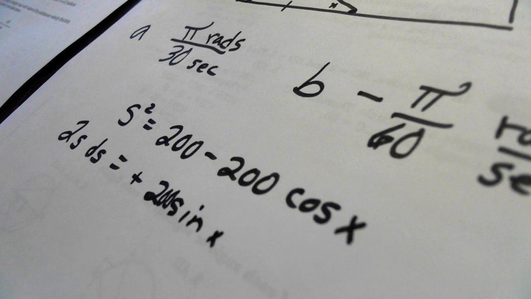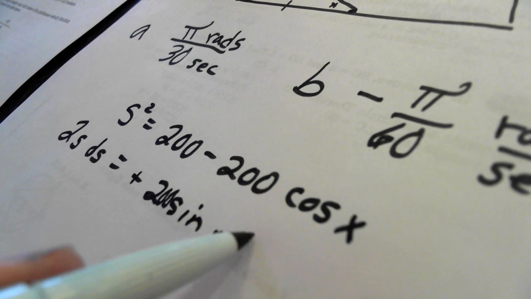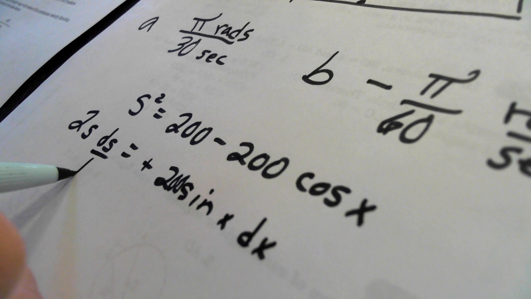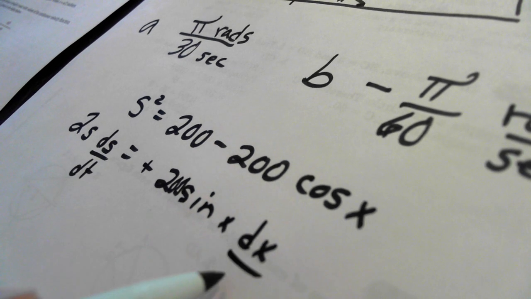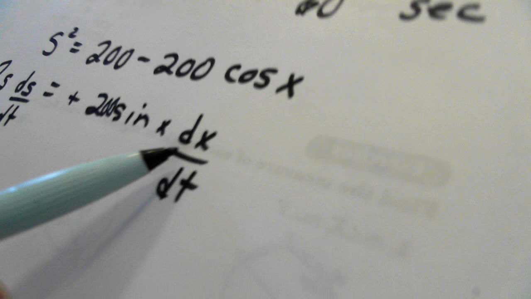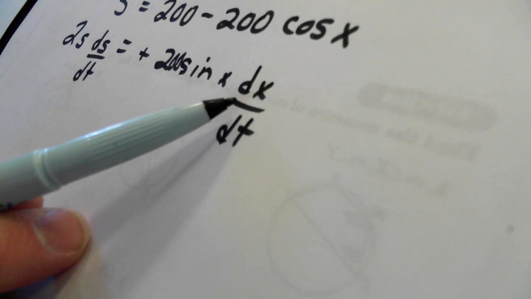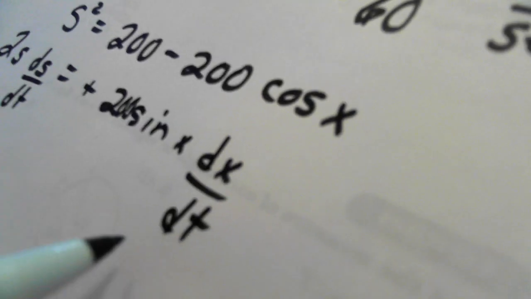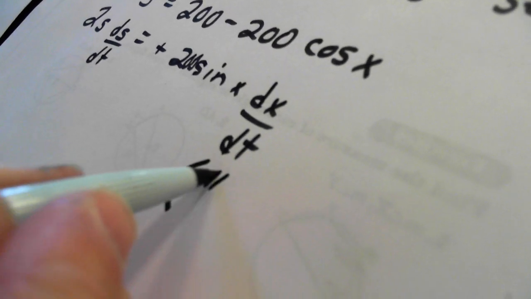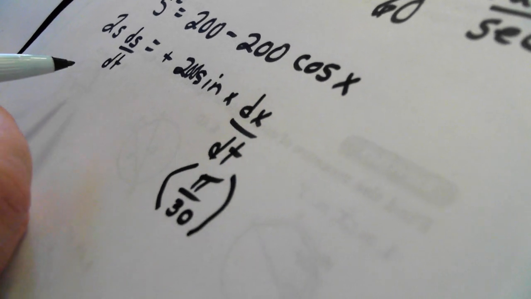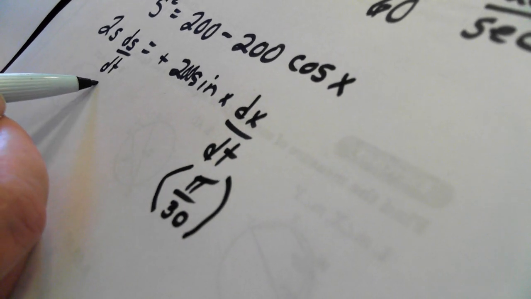Did I do that right, Leon? dx. We can slap dt's under those. Put a clock on it is what I call it. This is the one that we decided was changing pi 30th rads per second. This is the one we're trying to find.